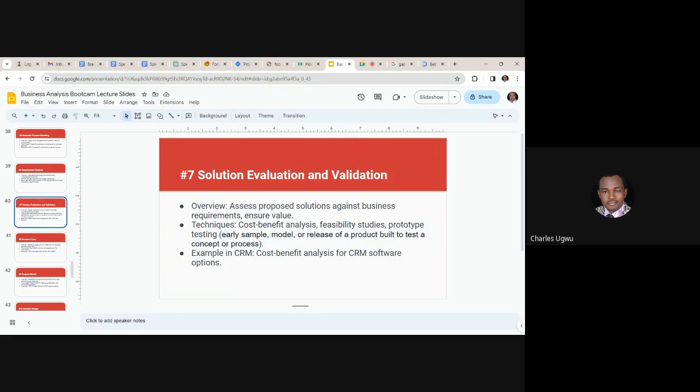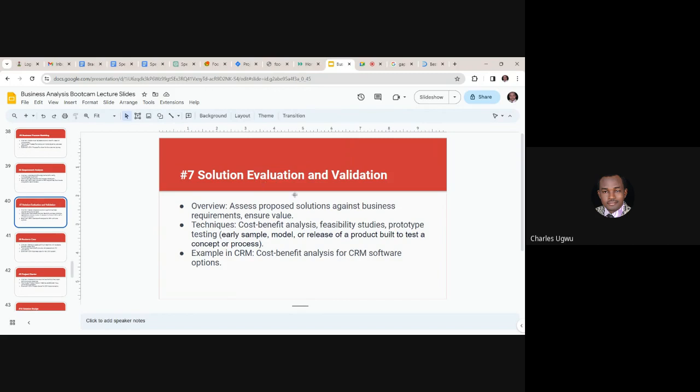You compare, say, four solutions using cost-benefit analysis, and see which one gives more benefit and which one is more cost-effective, and then you apply it. That is what we call cost-benefit analysis, and that's what we use in this CRM solution evaluation.